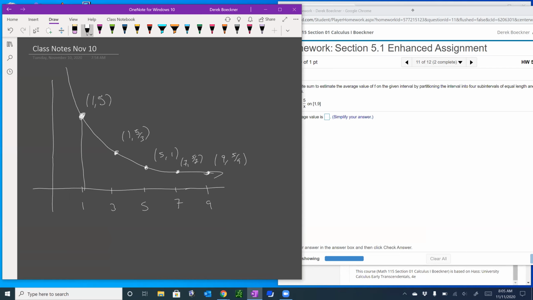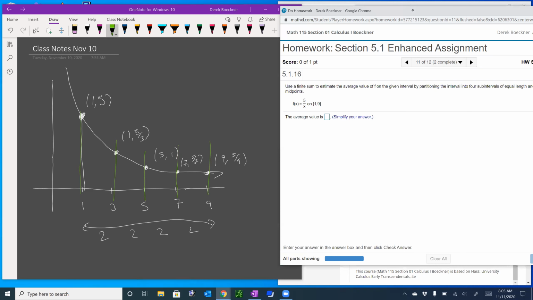We want 4 equal subintervals. The total length is 8, so the subintervals are each length 2. Easy enough to do that calculation. So the sides of our triangle are going to be at 1, 3, 5, 7, and 9.